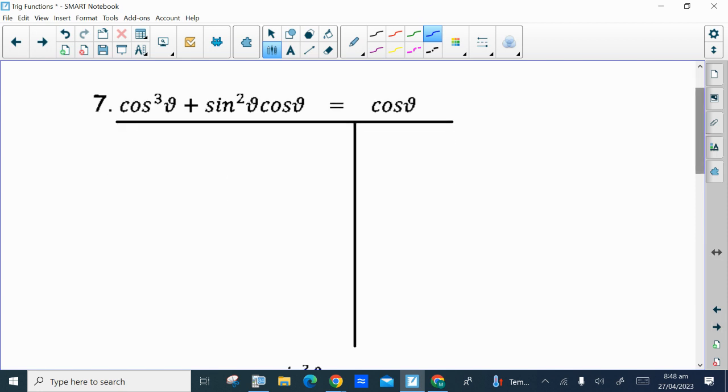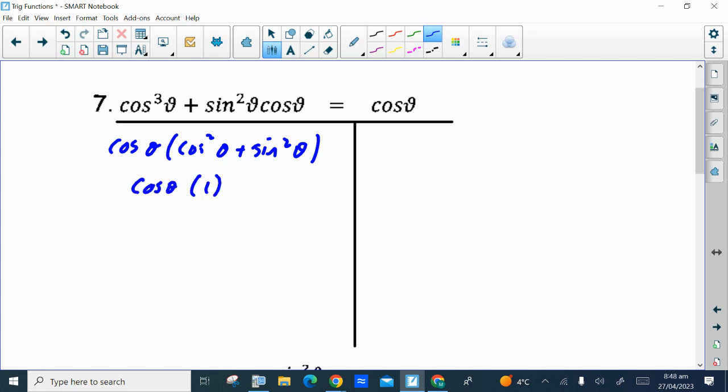Right? This next one, you've got that cos cubed theta as the first term. You also have a factor of cos theta in the second term, so we would take out a common factor of cos theta, which would give us cos squared theta plus sine squared theta. And we know that that is 1.